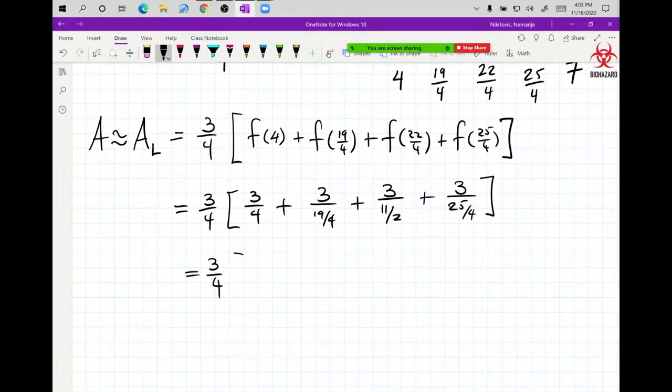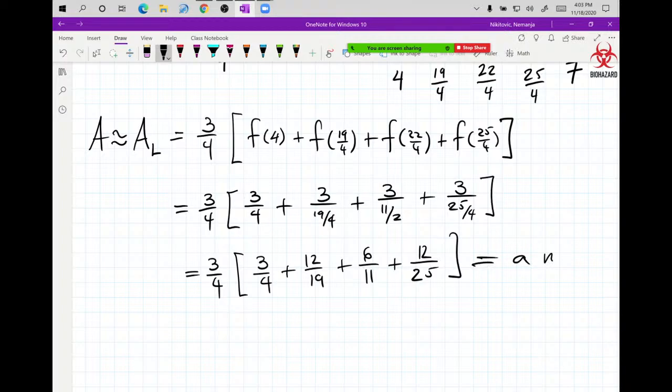Again, I'm not using calculator, so we're just doing, so 12/19 plus 6/11 plus 12/25. And you can multiply by 3/4, right? This is going to be a number. Without wasting time further, this is going to be a number. But that number, right, is going to approximate the area using the left sides.